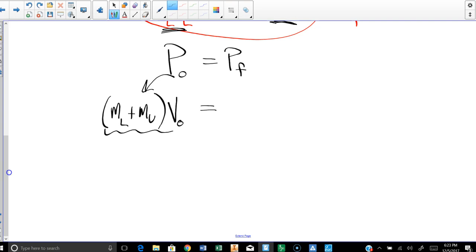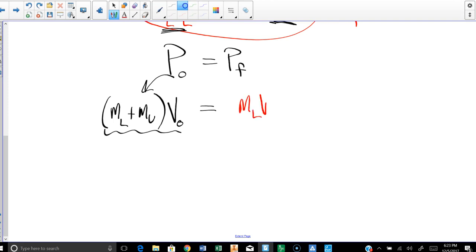One object. After it, you have two objects. You have mass of the lower stage, velocity of the lower stage, if you like, we put a little f there for final, plus mass of the upper stage times velocity of the upper stage after they separate.